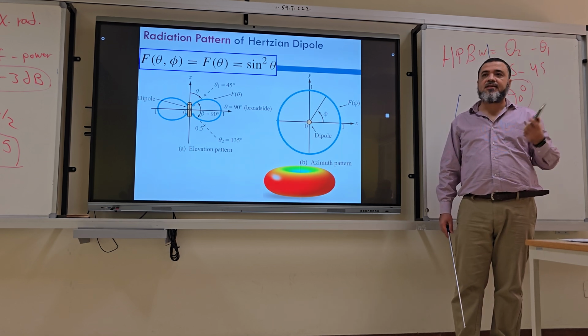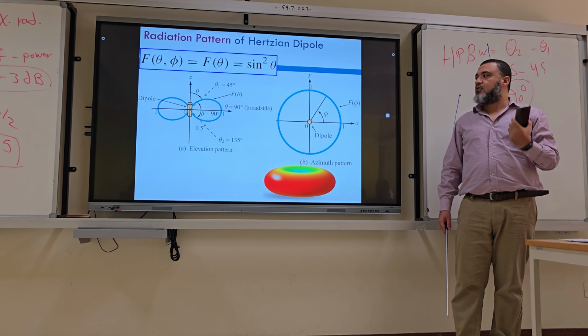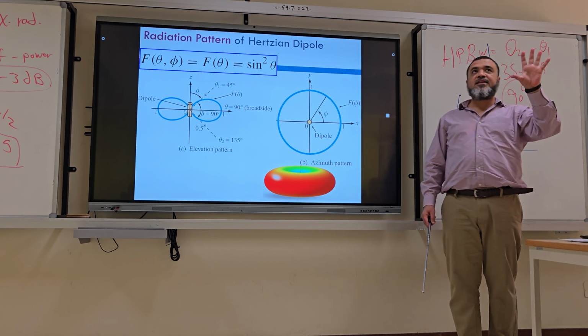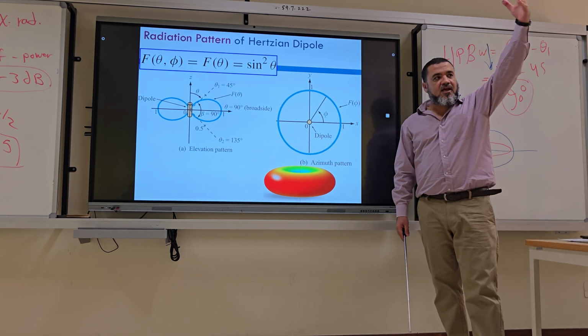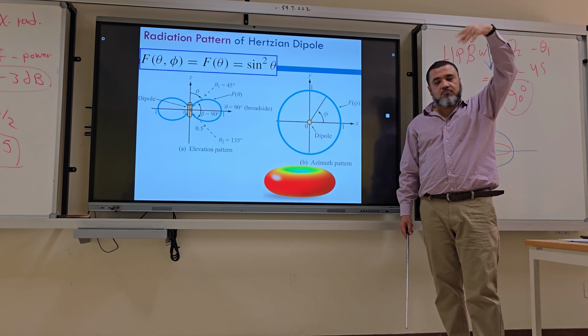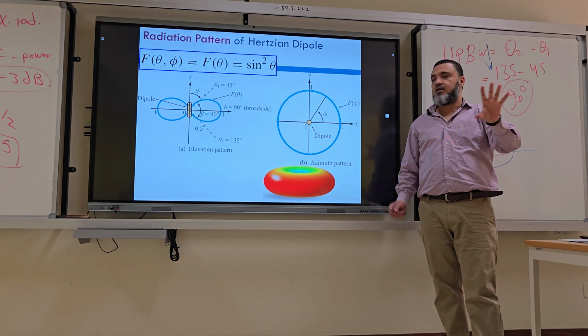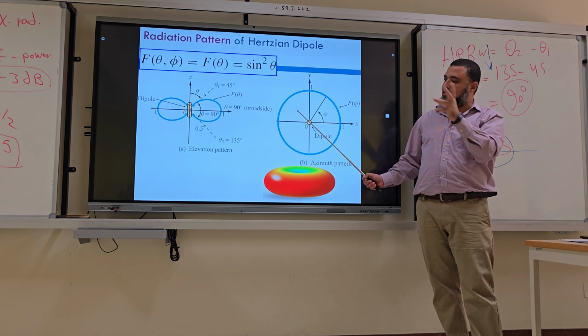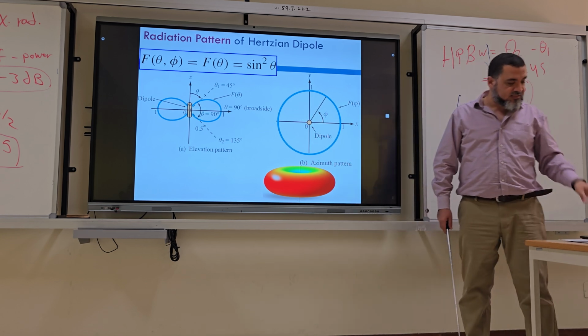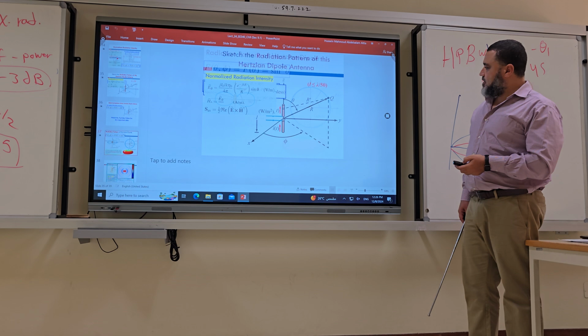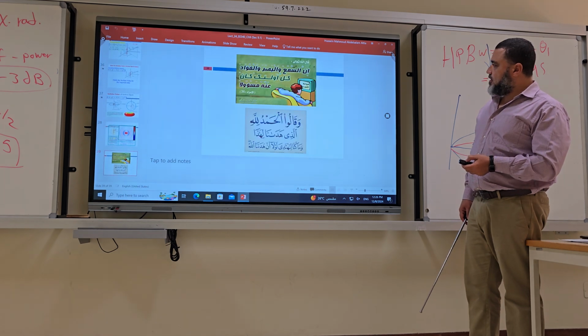In the city you will always receive a signal, so you don't need a high-gain antenna. But you use the dish antenna to receive signals from satellites, hundreds or thousands of kilometers away, so you need a directive antenna. We don't have this kind of radiation pattern; we have a directive radiation pattern, as we saw last time. Anyway, this is the radiation pattern story.